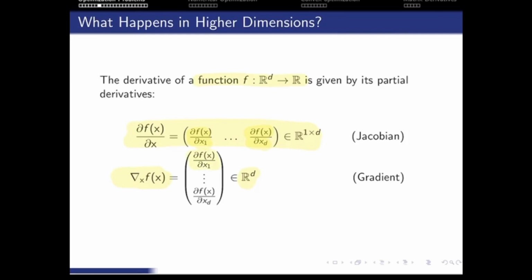With the partial derivative we keep all of the other dimensions, like if we have the partial derivative with respect to x1, then we treat all the values of x2 until xd as constants, and we just build a one-dimensional derivative, just like we've seen in this example before, with respect to x1. And we do this for every coordinate, and then we gather all these values in our gradient.